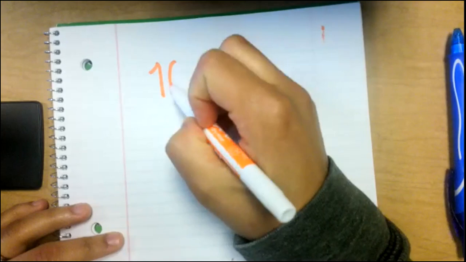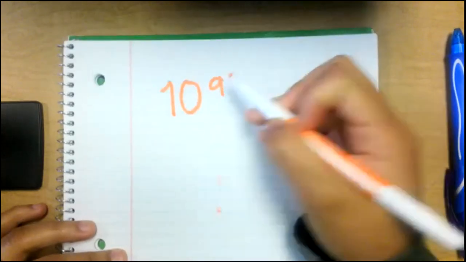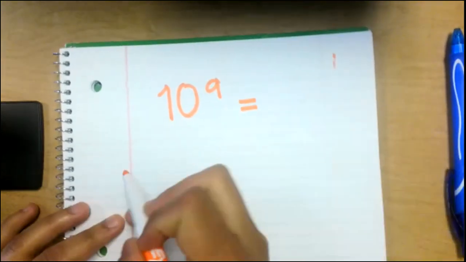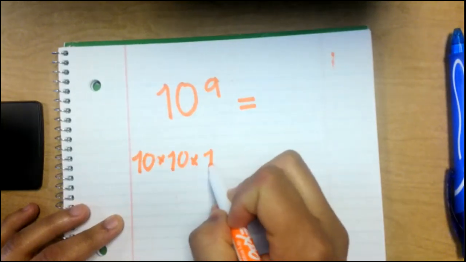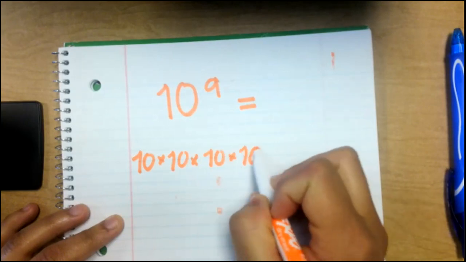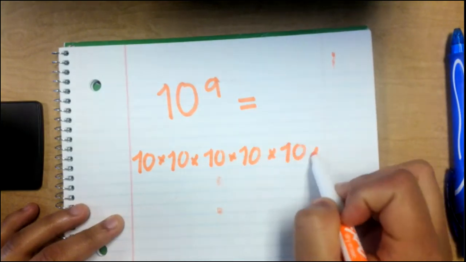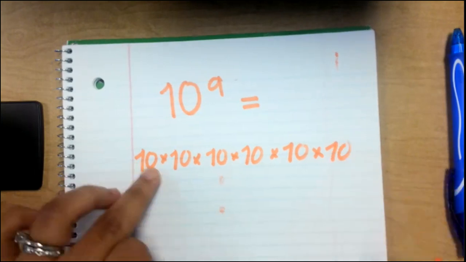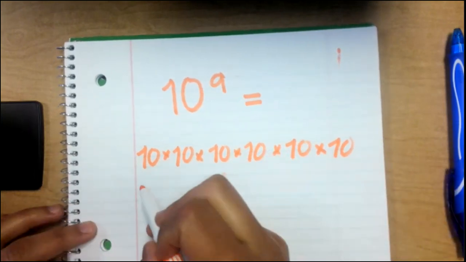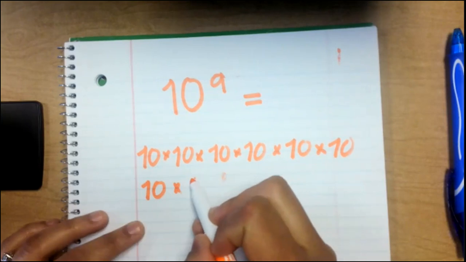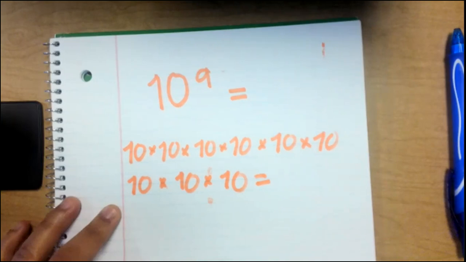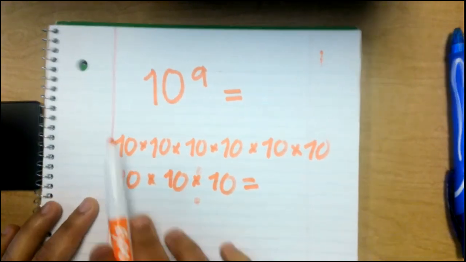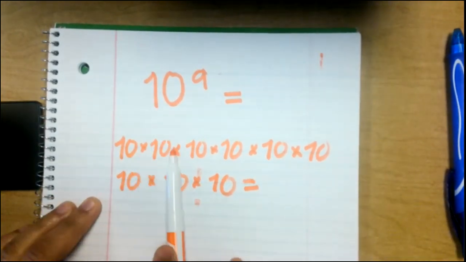So I have the number 10 to the 9th power is equal to 10 times 10 times 10 times 10 times 10 times 10, 1, 2, 3, 4, 5, 6, 7, 8, 9. So 10 to the 9th power is equal to 10 multiplied 9 times.